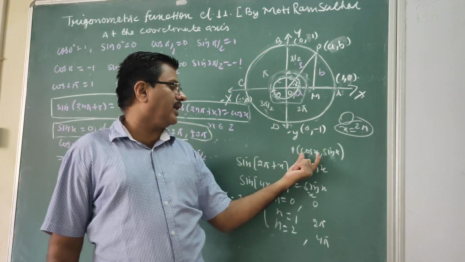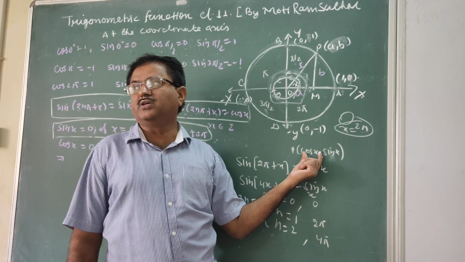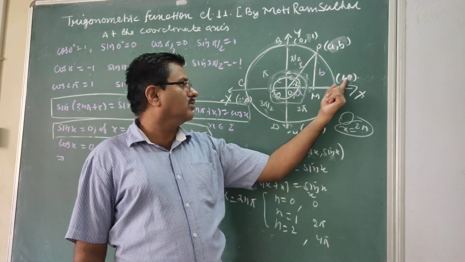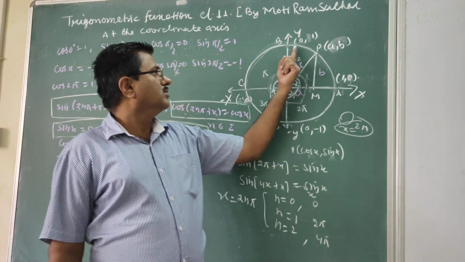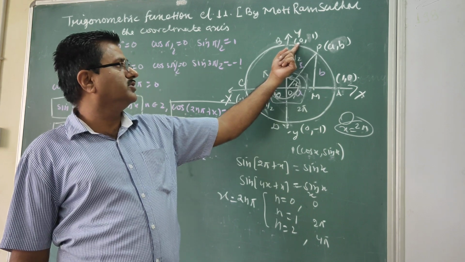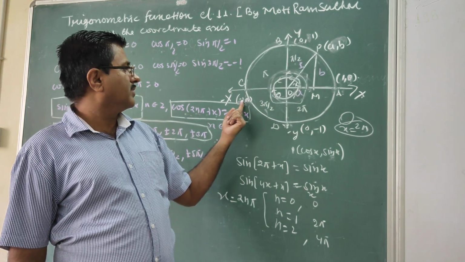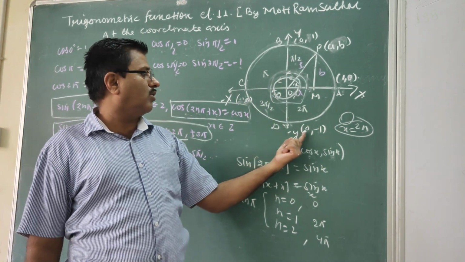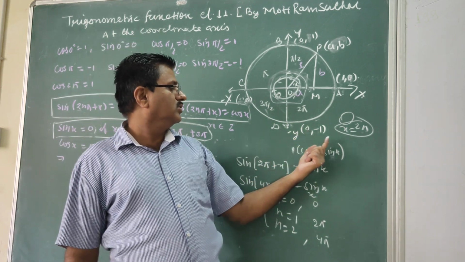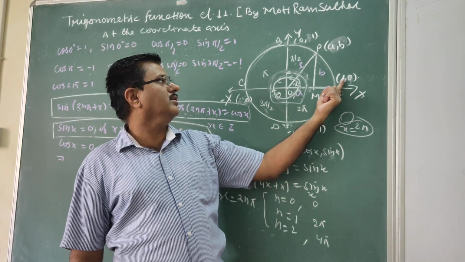So you have to take the x coordinate of the point P. Suppose cos 0, then it is 1. Cos pi by 2 is 0. Cos pi is minus 1. Cos 3 pi by 2 is 0. Then cos 2 pi is 1.